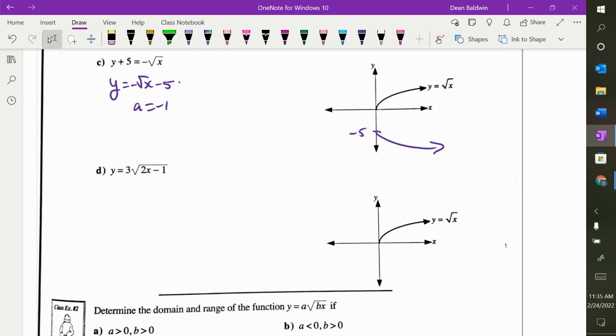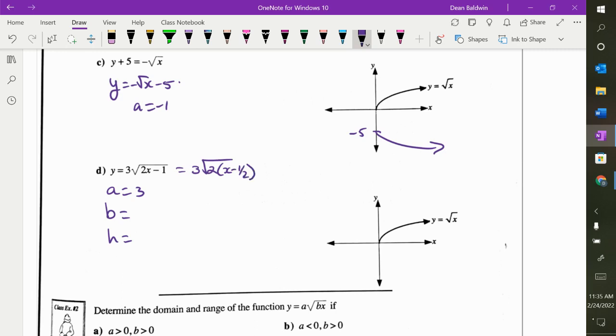And what about D? I want to know B, H, and A. A is 3. We can all see that. What do I have to do with this to figure out B and H? Well, we can see B, but... Yeah, so pull the 2 out of the middle there. What are you left with on the inside?